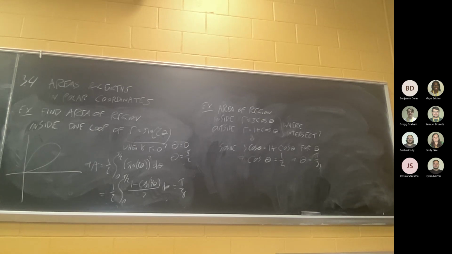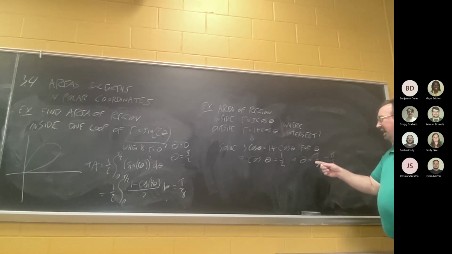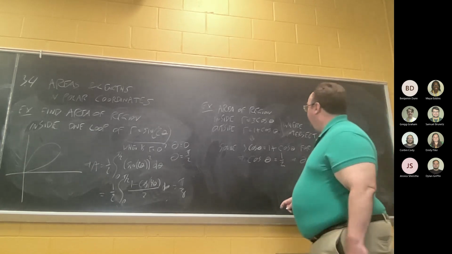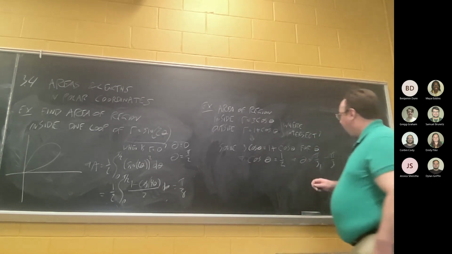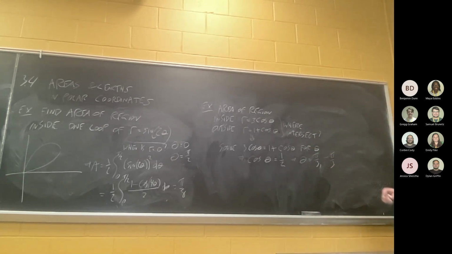Also, cosine is an even function, so 5 pi/3, also known as minus pi/3. That's why I mentioned even function: if cosine theta is 1/2, cosine of minus theta is also 1/2. Okay, so those are our limits. At those theta values, both r's are equal to 3/2.